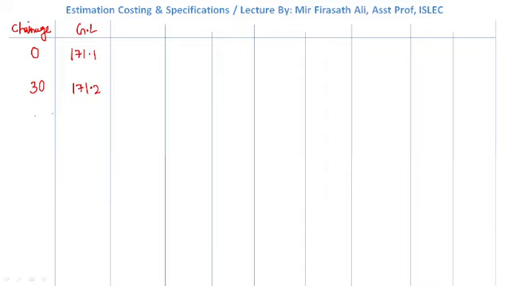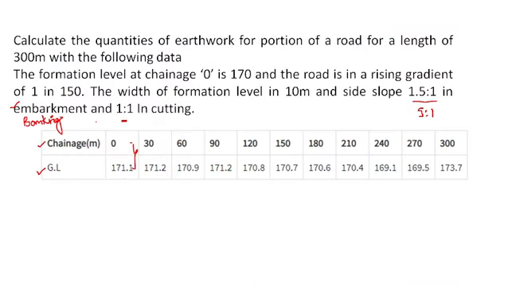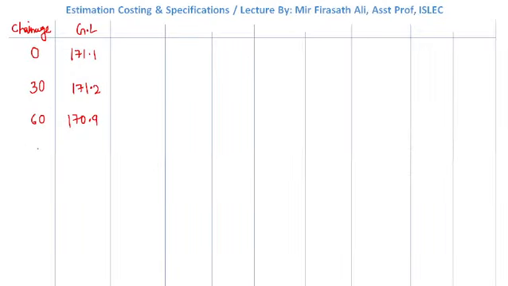Similarly, at chainage 60, it is 170.9. At chainage 90, it is 171.2. At chainage 120, 170.8.